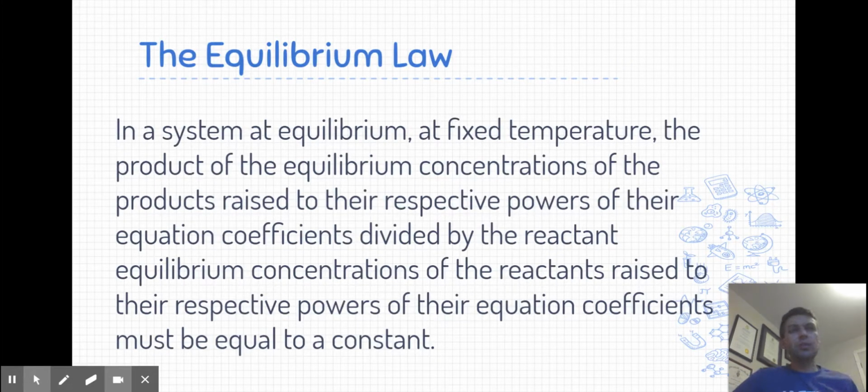Okay, so here's the equilibrium law in words. Give you a second to read this here. You might even want to pause the video. It's such a long definition. Got it?